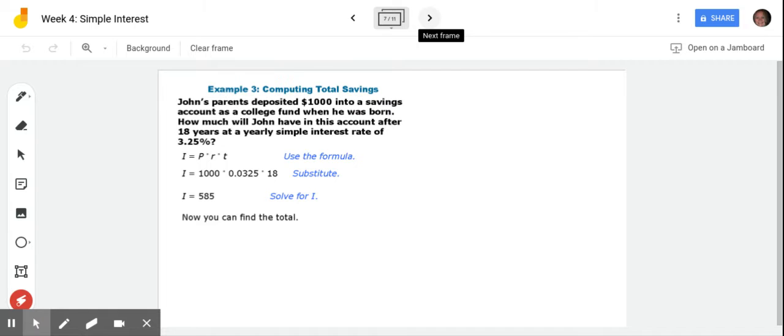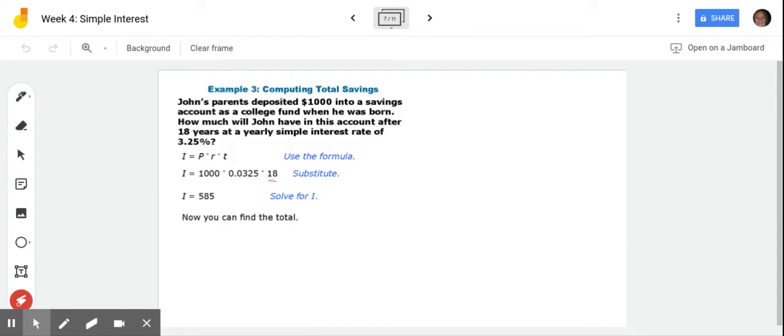John's parents deposited $1,000 into a savings account as a college fund when he was born. How much will John have in this account after 18 years with a simple interest rate of 3.25%? So we're going to plug all the pieces that we know into the formula. Our principal is 1,000. Our percent is 3.25%, so we convert that to a decimal.